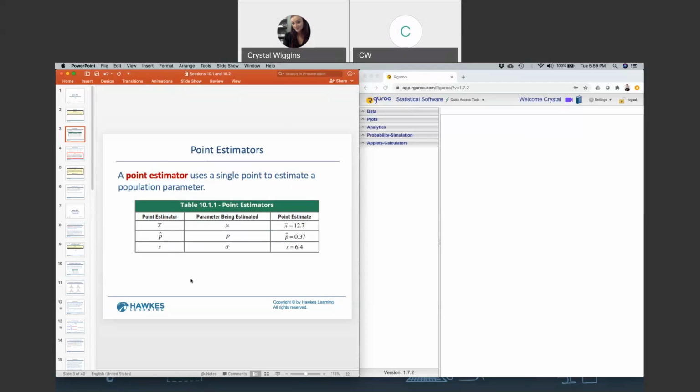That P hat is my best guess for the proportion of all voters who are going to vote for said candidate. So with point estimation, we don't have any kind of confidence about how close or accurate it is to the population parameter, but it's our best guess.